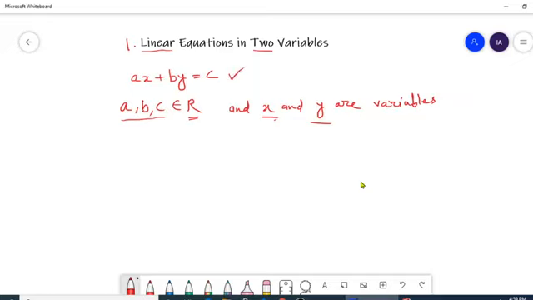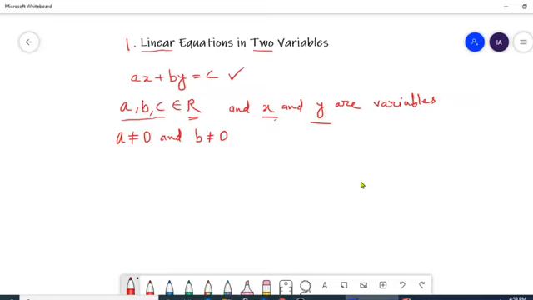ax plus by equals c, where a, b, c can be any real number and x and y are the variables. But this form comes with certain do's and don'ts. For example, the value of a should not be equal to 0 and b should not be equal to 0.